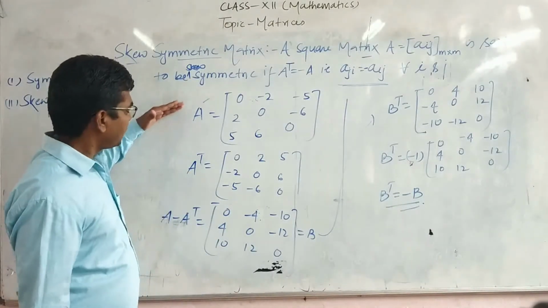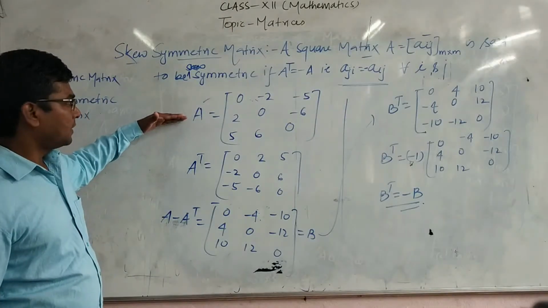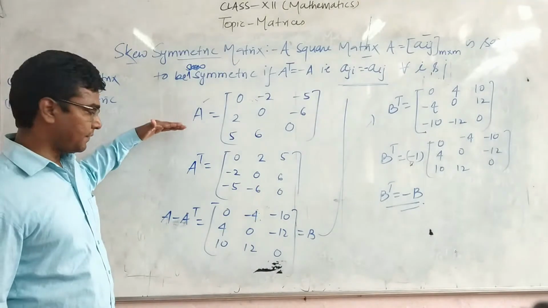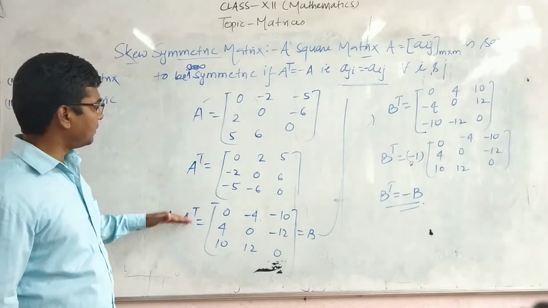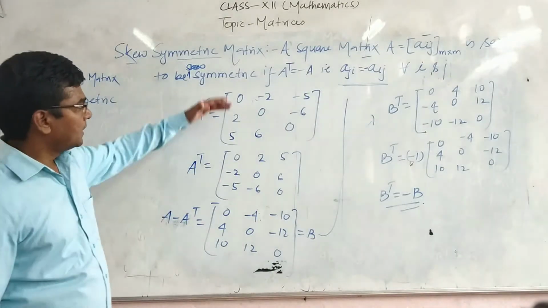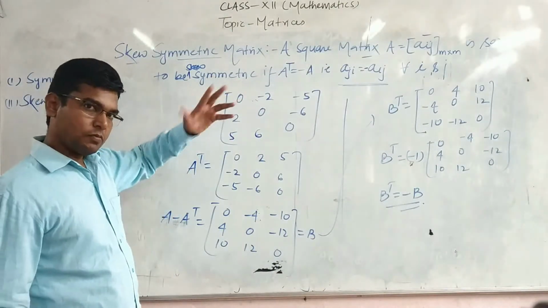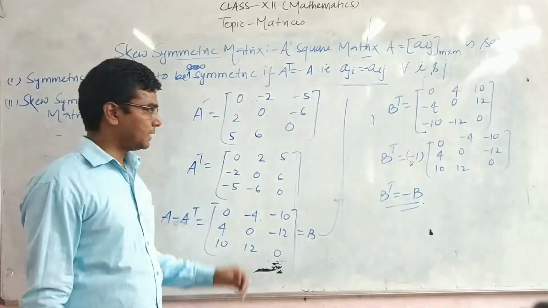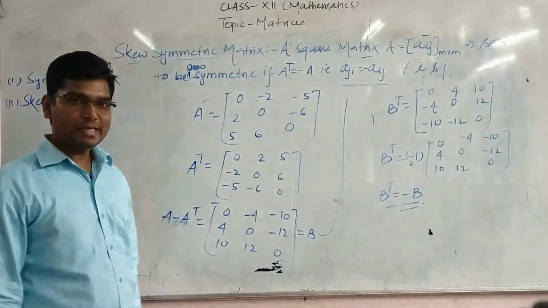Now, if you subtract, we find the difference of the original matrix A and the transpose of the matrix, and take the name of this matrix B. You know how to subtract: the corresponding elements must be subtracted. After subtraction, we get this expression.